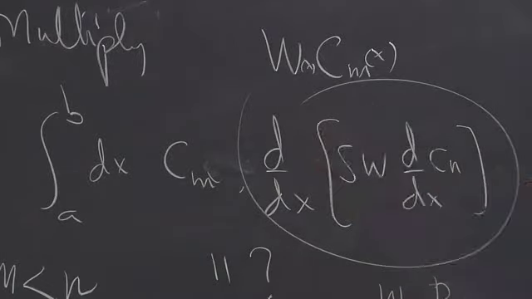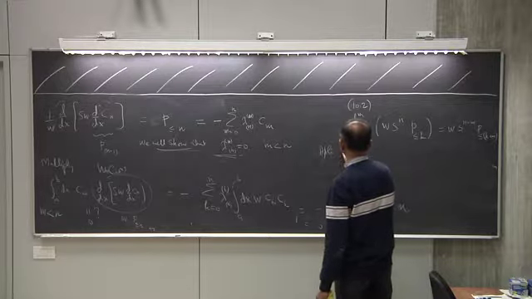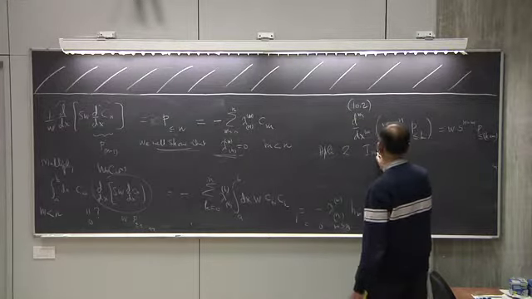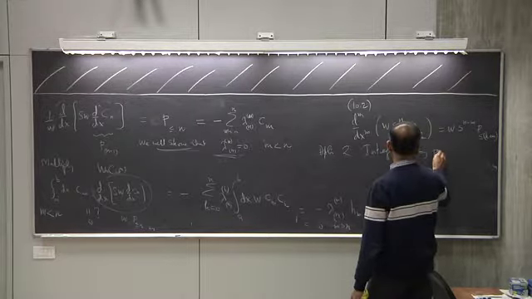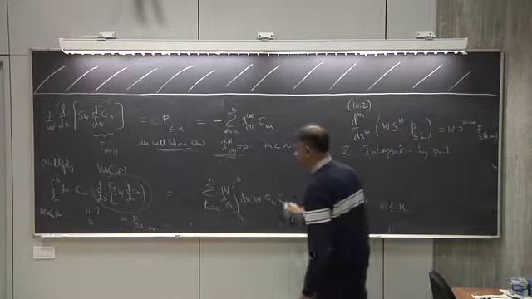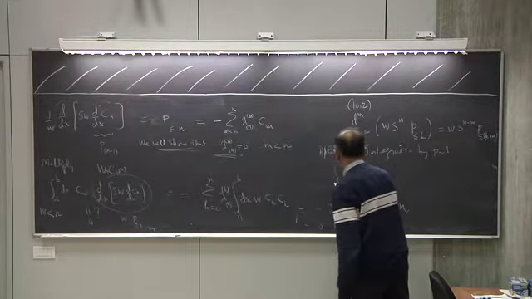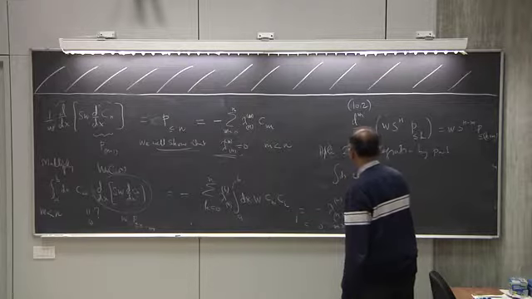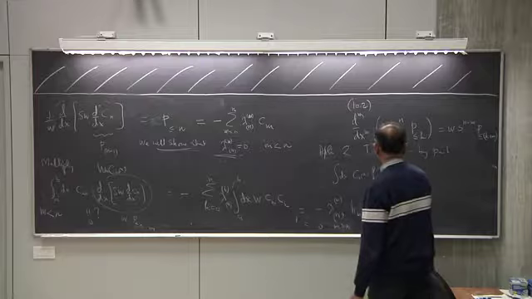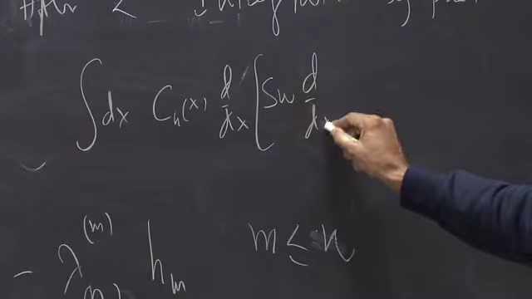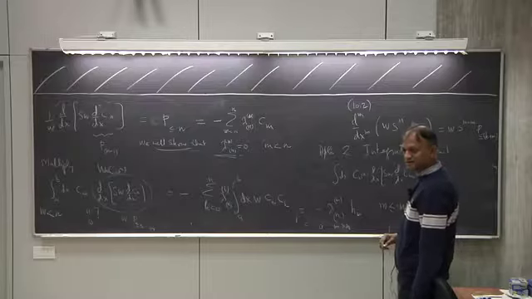And then after 2 integrations by parts, we find there are 2 minus signs, so it becomes plus again. So you get here, this becomes the integral dx, Cn(x), d by dx, SW, d by dx, Cm(x), right?